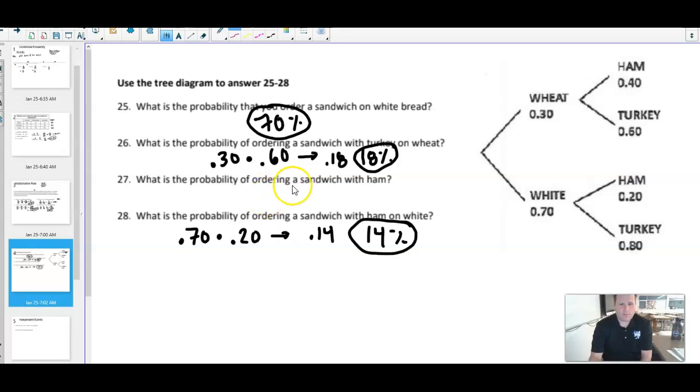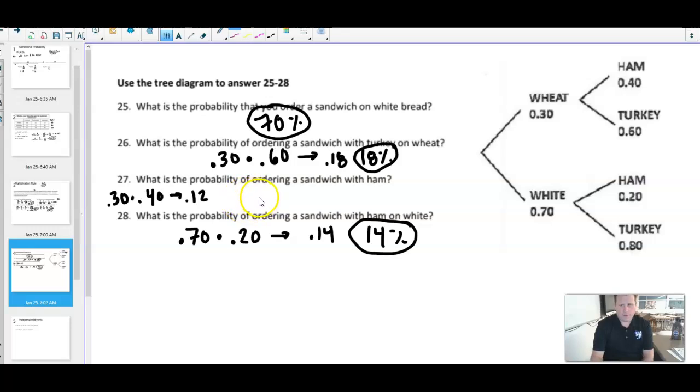And then this last one wants the probability of ordering a sandwich with just ham. So it doesn't specify wheat or white, so I have to take into account both of those. I'm going to do wheat and ham, then white and ham, and add them together. So wheat and ham would be 0.30 times 0.40, and that would give me 0.12.